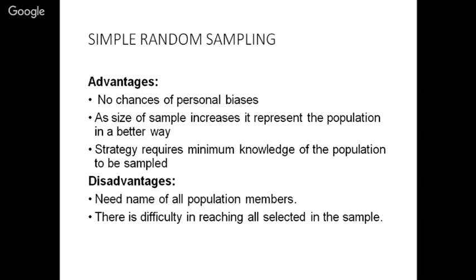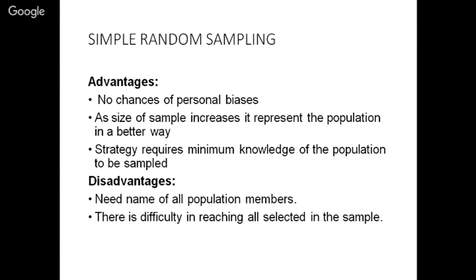The advantages of the simple random technique are that there are no chances of personal bias. As the size of the sample increases, it represents the population in a better way, and it requires minimum knowledge of the population, because I randomly select my sample out of that population.